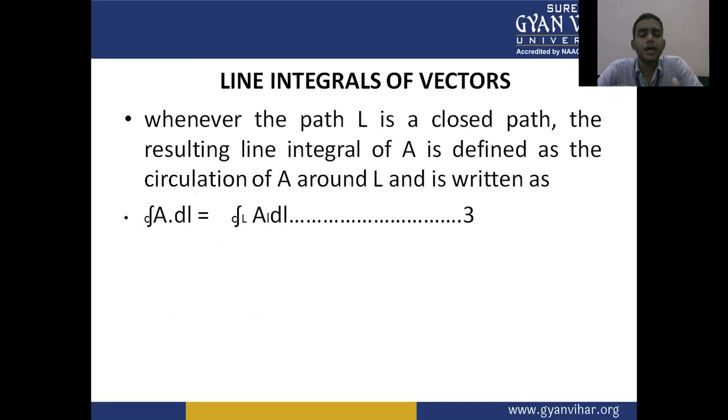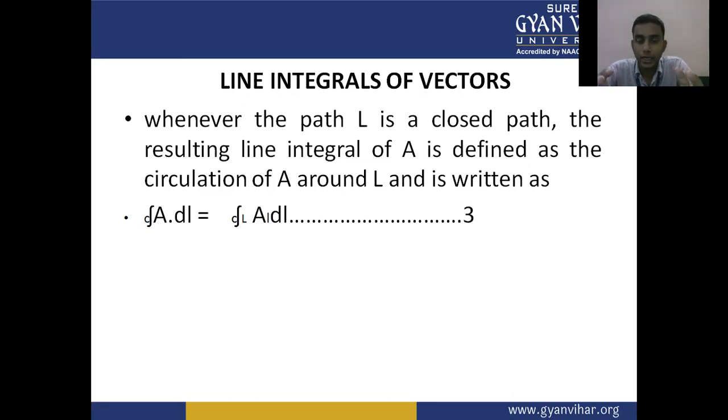Whenever the path L is a closed path, the resulting line integral of A is defined as the circulation of A around L and is written as the closed integral of A dot dl. This is equal to the closed integral of A_L dl.